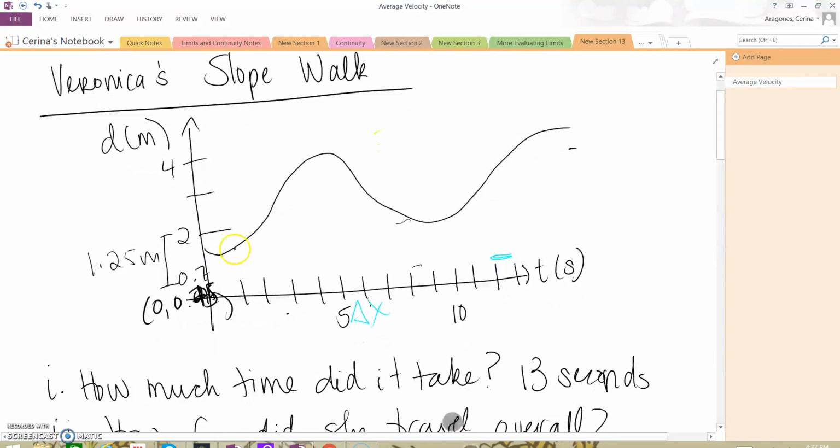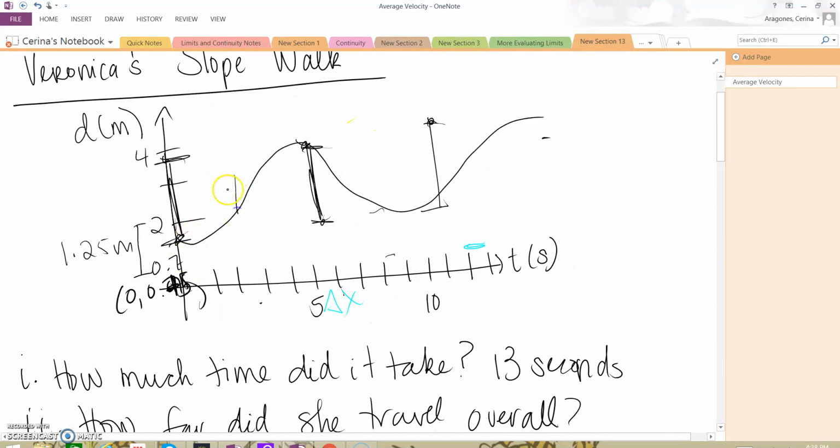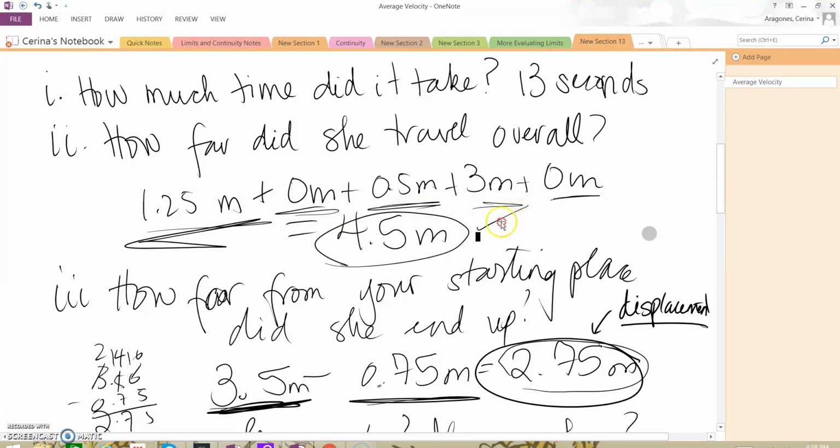And then we totaled up, okay, look, from here to here, she traveled some distance. And then here to here, she traveled some distance again. And then from here to here, she traveled some more distance. And we added up all those distances. So we said here was all the distance that she traveled, 4.5 meters. So this right here is her total distance.